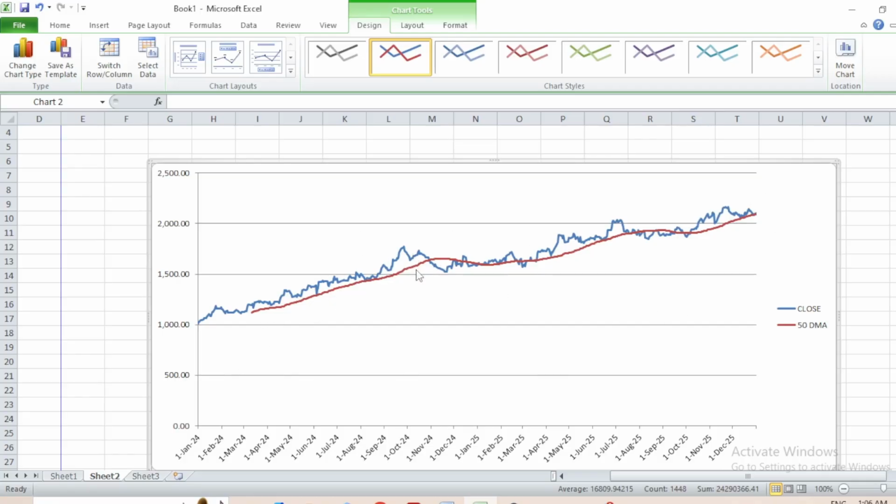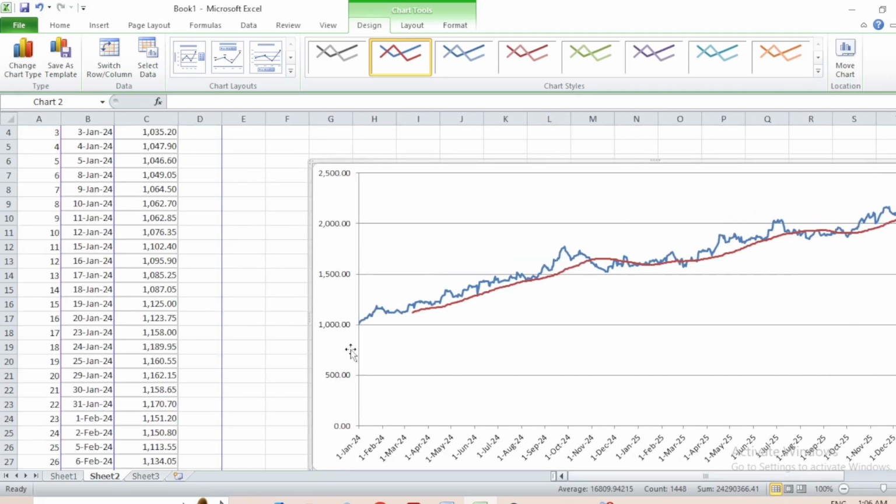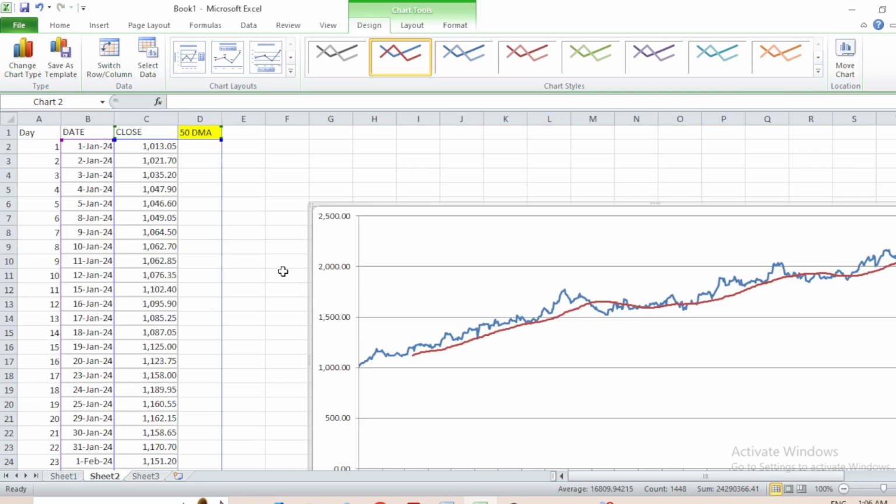There might be some variation. Sometimes it is more than the average and other times it is less than the average. But in general, the price trend is going upward. So with the help of moving averages, we can smoothen out the variation and get a clearer picture of the data. I hope this is clear to all of you.